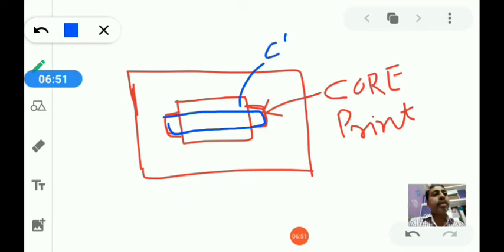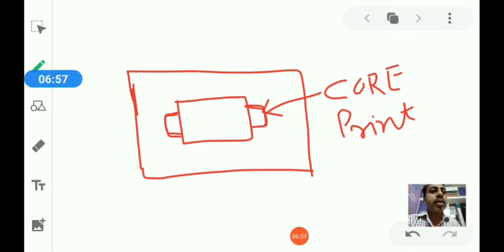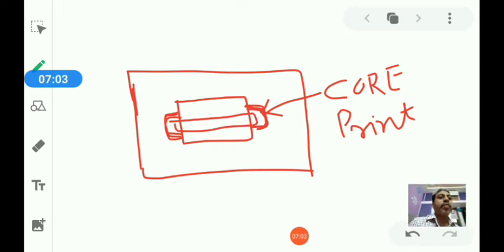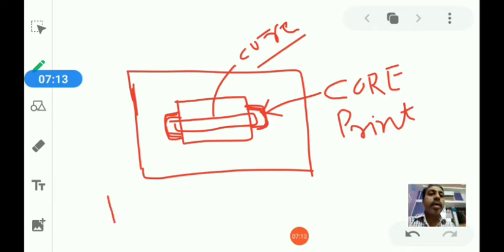This is our core, fitted in this space. And what is the function of the core? The core is used to create a hole in our product.